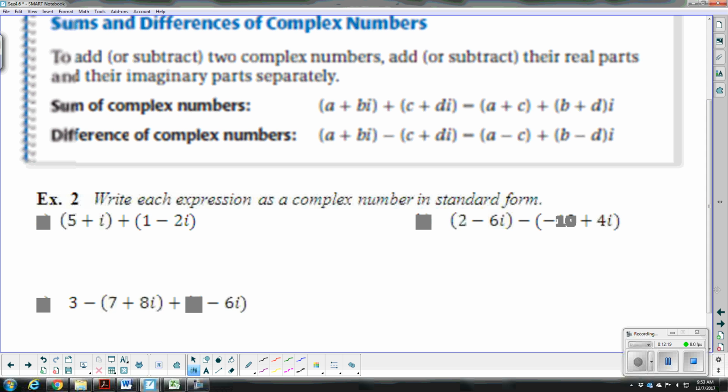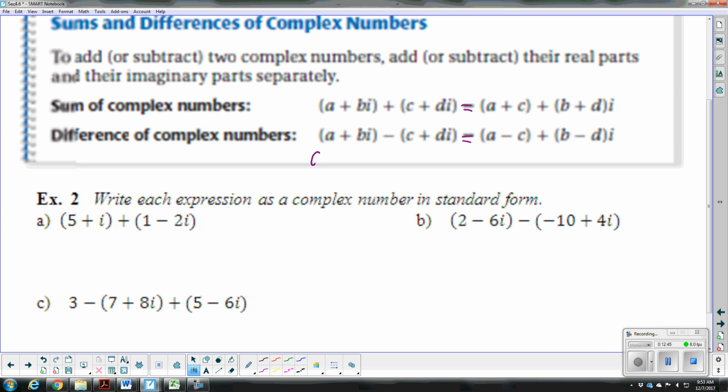Okay, the next step is looking at the sum and differences of complex numbers, and again, this is why often I keep that positive or negative so I don't mess up my signs here, and so I don't mess up my final answers. So when we're adding complex numbers, we want to add the real part and then add the imaginary part so we can get it into standard form. When we're taking the difference, don't forget to distribute that negative sign.